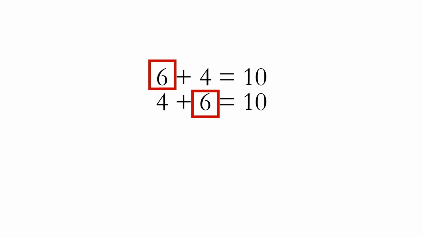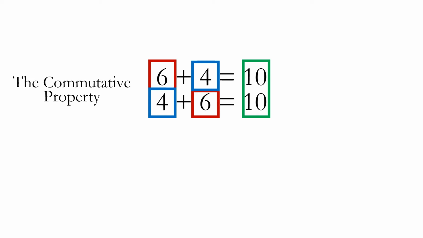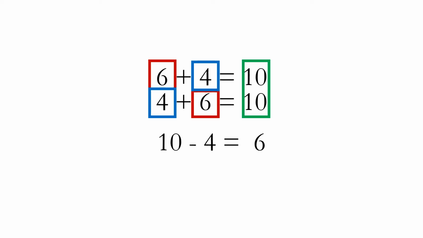So look, we have our 6's, we have our 4's, and our 10's. The addends are the same, they're just in different order, and of course the sum is the same. Now, we don't stop here, because we can also make subtraction problems. 10 minus 4 equals 6.